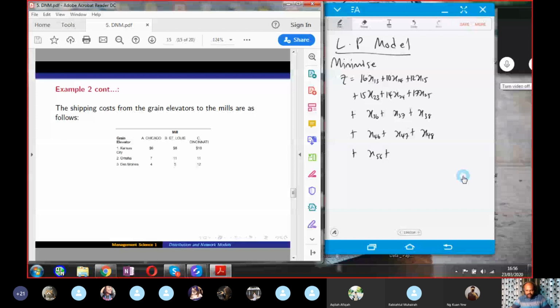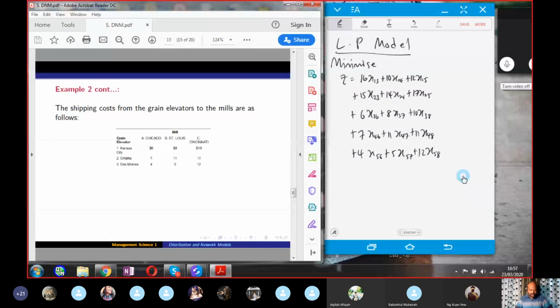We have this and we need to put all the costs. So this would be your objective function.